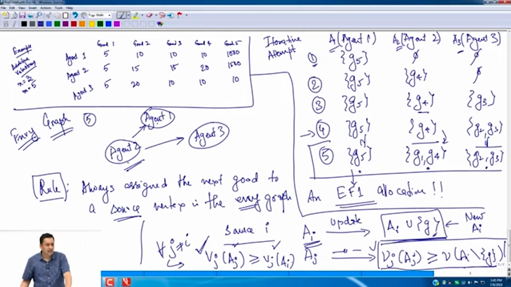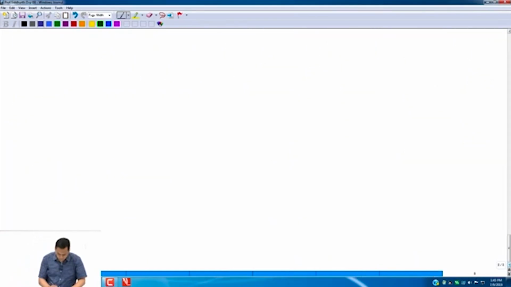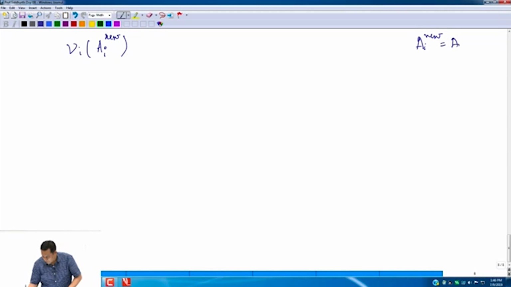There's one case that I have overlooked, which is what? So I need to also argue that it continues to be EF1 for I, right? So what this means is that if I look at A_I, let me just write new to denote, this is the old, so this is just a rough notation.